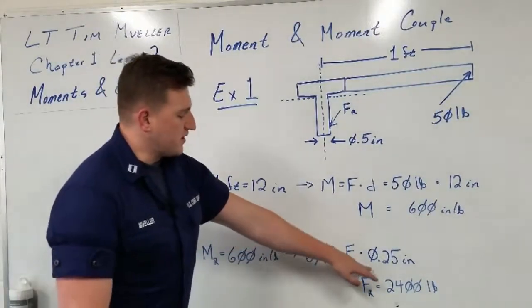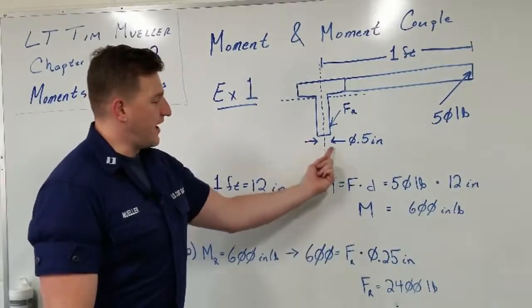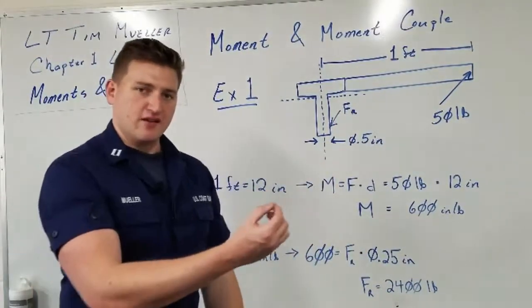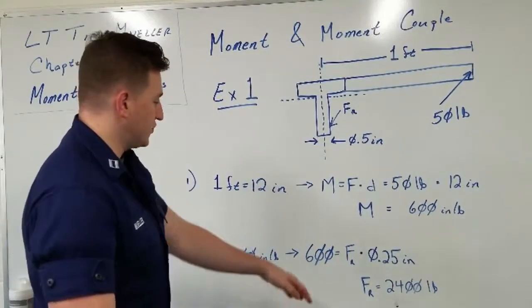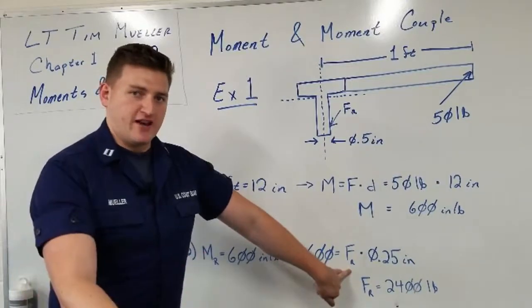We know what the distance from the axis is. That's 1/4 inch. The thread diameter is 1/2 inch, but from the axis of rotation, we have to take the radius, or half of that, which is 1/4 inch. So now we just have to solve for this FR, or reactionary force.